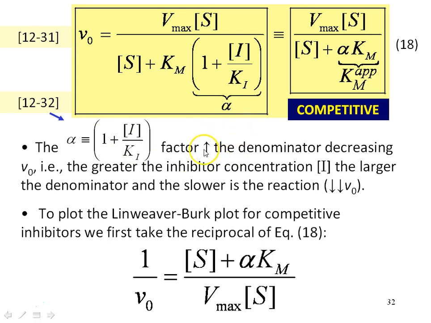So if now we want to plot the Lineweaver-Burk plot for the competitive inhibitor, we have to take the reciprocal, 1 over V0, and we invert this on its head. So whatever is in the denominator here comes up. So I have S plus alpha Km, the Km apparent here together, over Vmax S.